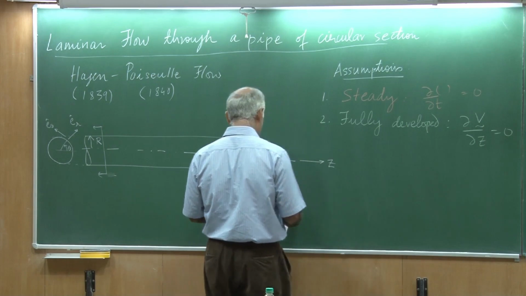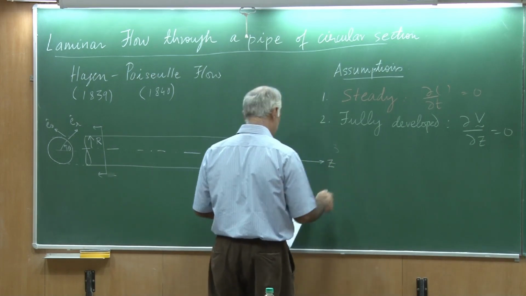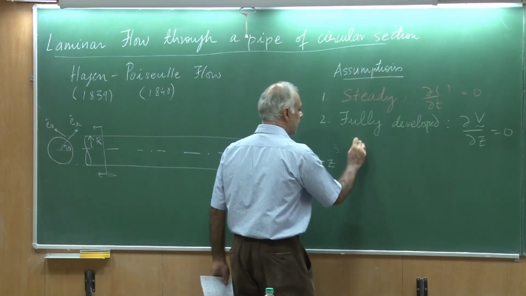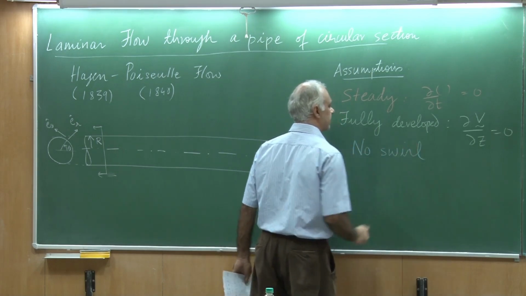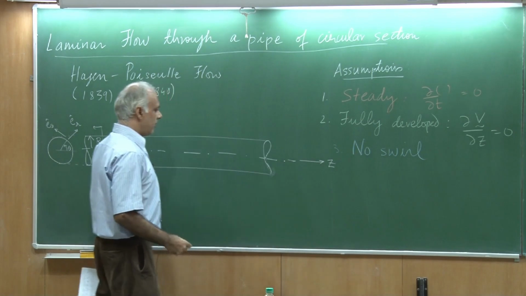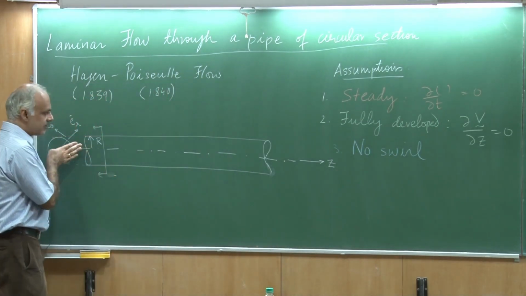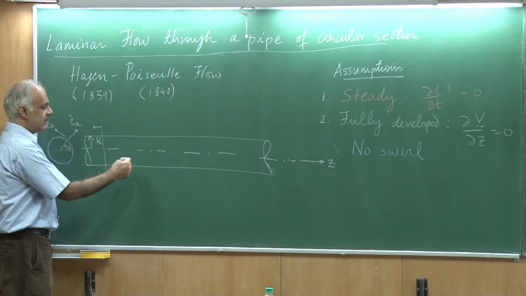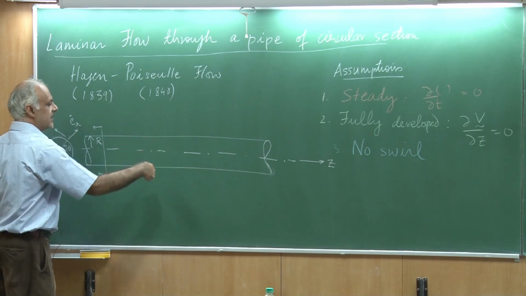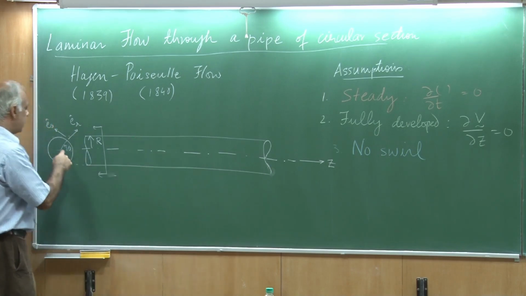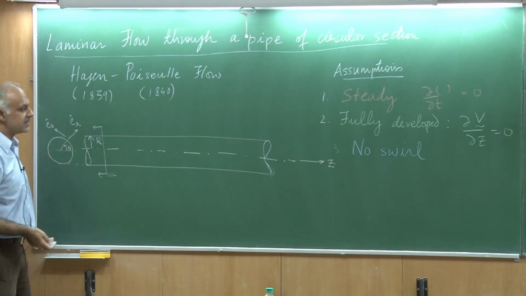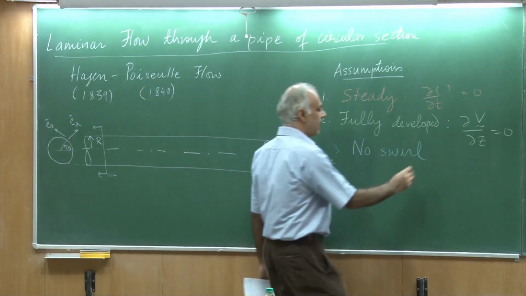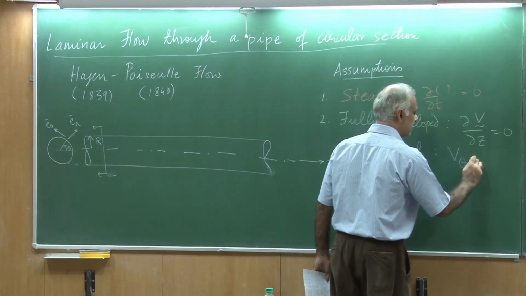The next one I am going to make is that we have no swirl. This is an important one. What can happen in this pipe is that the flow is not just axial, it actually has a component that leads to a velocity in the theta direction. That we are calling the swirl. So this would imply that v theta is 0.